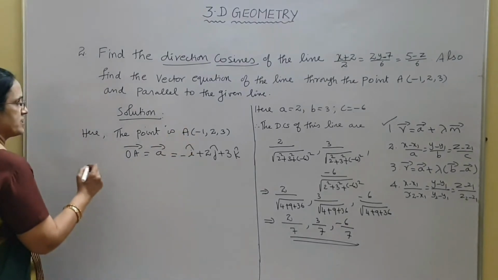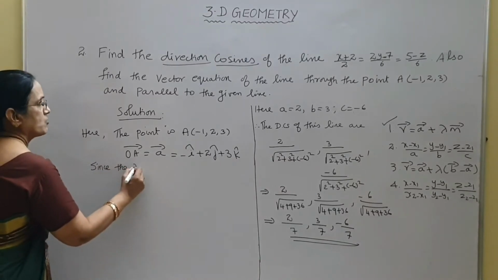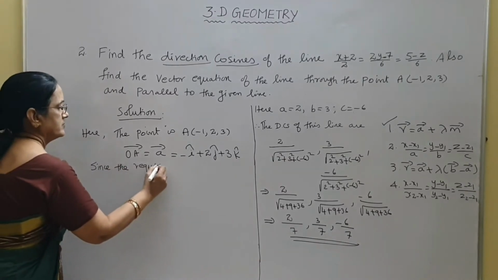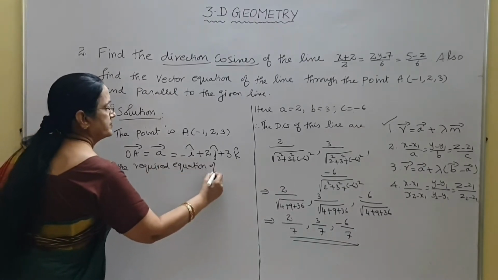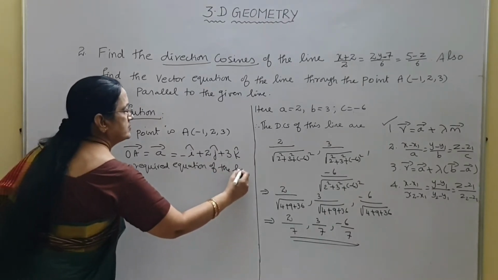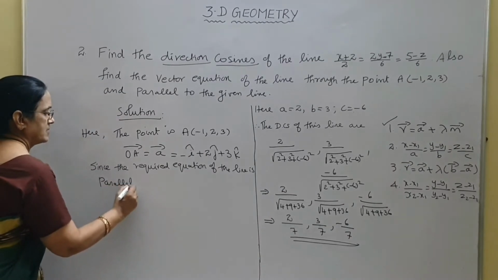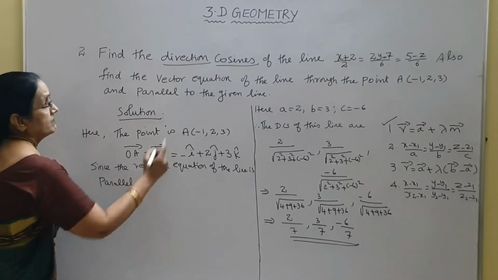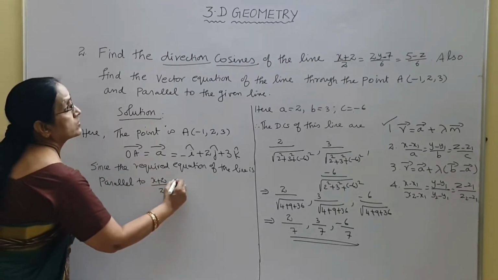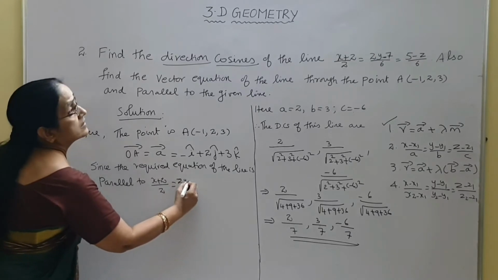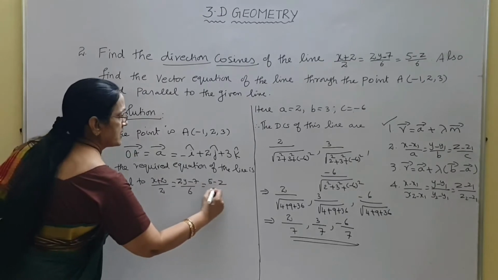So, you can just mention here, since the required equation of the line is parallel to which line? (x plus 2) by 2 is equal to (2y minus 7) by 6 equal to (5 minus z) by 6.